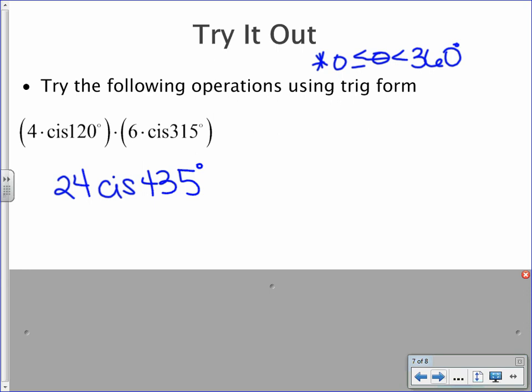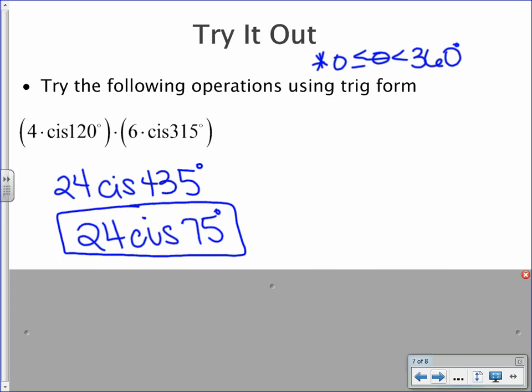They have the same values, they're just a rotation different. So if we subtract 360 to get our coterminal angle, what would that be? So this is the answer that I want.